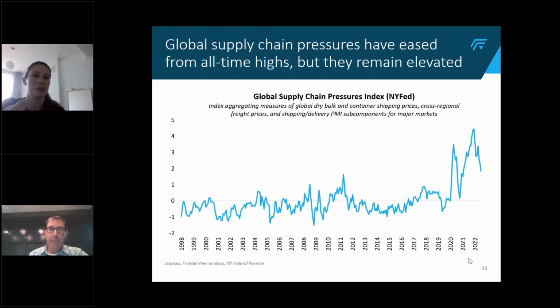So it may be the early signs of some easing cost pressures beginning that could then filter along the supply chain. But again, you look at the level and it's still very, very historically elevated, well above the costs or general pressures and issues that we had prior to the pandemic.